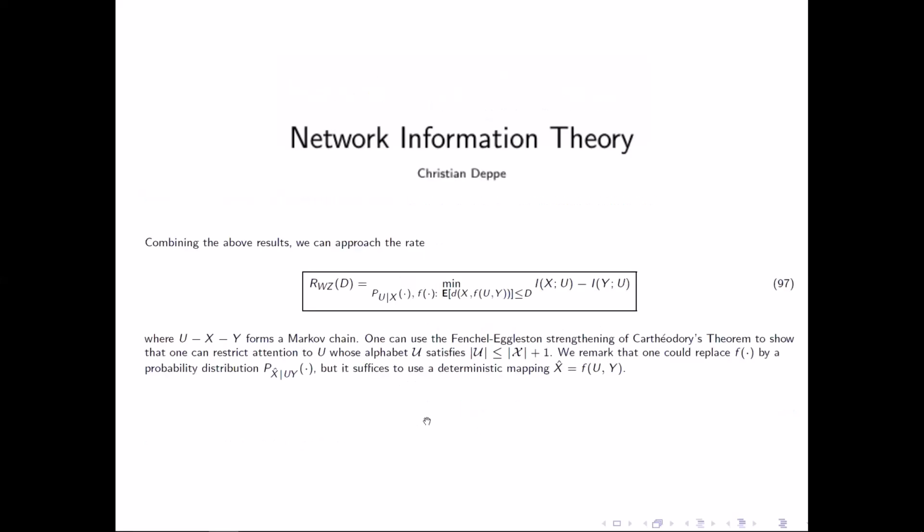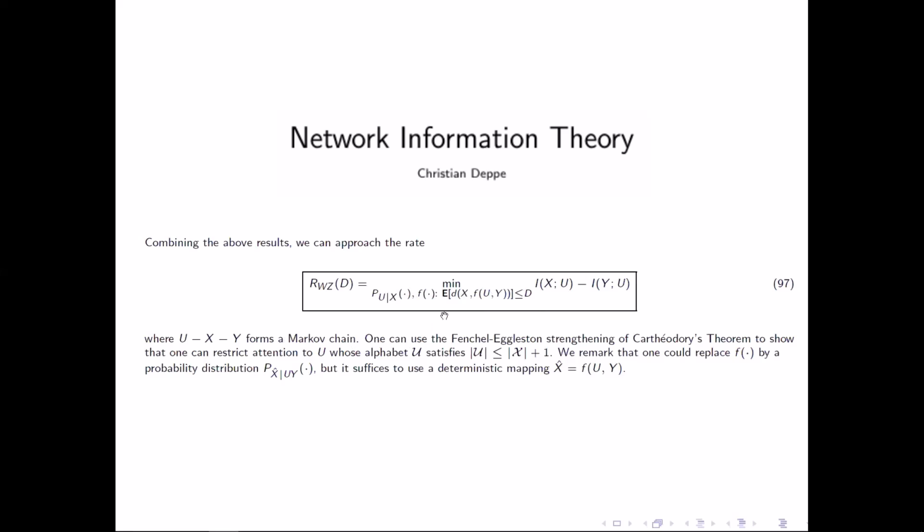That means we have, as a result, this rate region, this rate R_WZ(D), and we take the minimum of the mutual information of I(X;U) minus I(Y;U), such that we can choose this artificial channel here in such a way that the expected distortion is smaller or equal D, where U, X, and Y form a Markov chain.